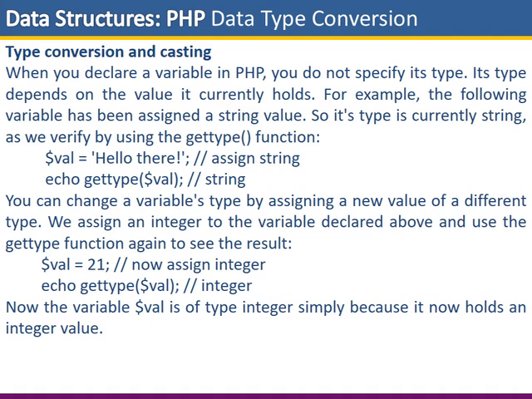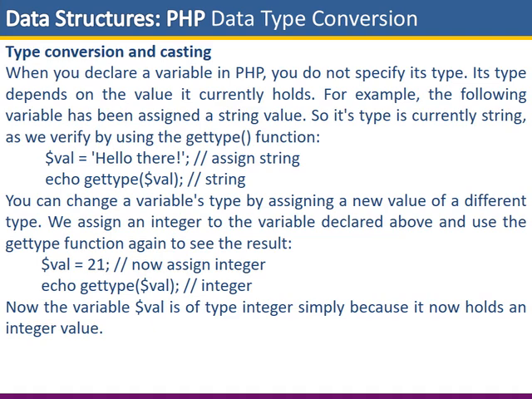We can see from the example below that the variable has been assigned a string value, so its type is currently string. We verify this by using the getType function. We have $var equal to 'Hello!' in single quotes, so we are assigning a string to this $var.